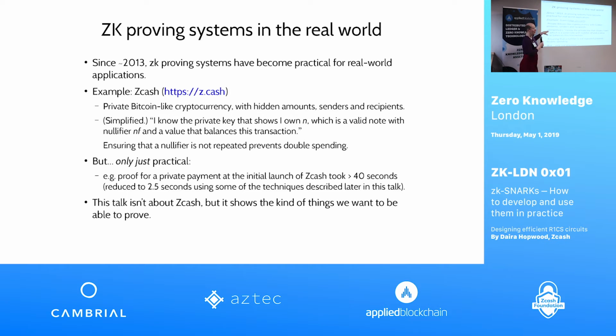It's a fork of Bitcoin, but in Bitcoin the ledger is completely public, whereas in Zcash all of the amounts, the senders, and the recipients, so the transaction graph, is completely hidden. So we can use Zcash as an example of the kind of statement that we want to prove in zero knowledge.